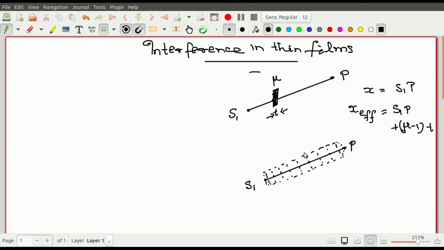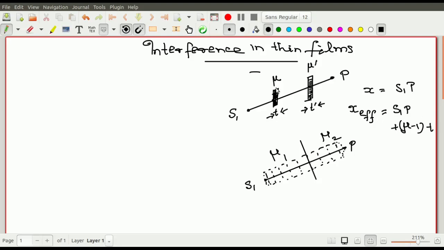Or suppose it is divided into two parts: this side it is mu1 and this side it is mu2, right? Or you may consider that in this path only there is another mu dashed, of a thickness of T dashed. So then what will be the x effective?